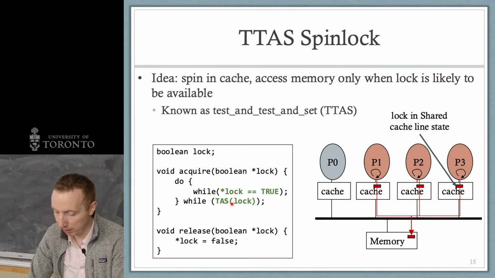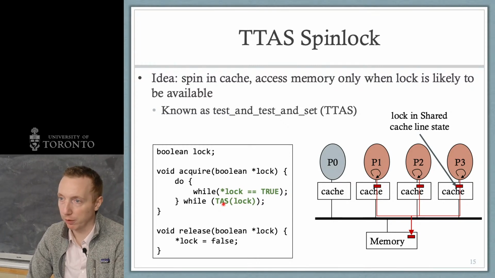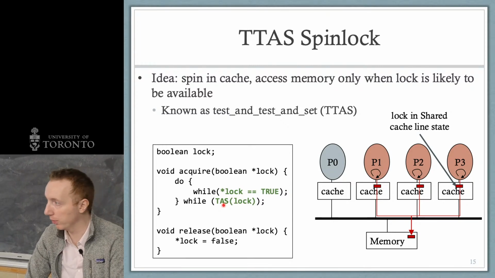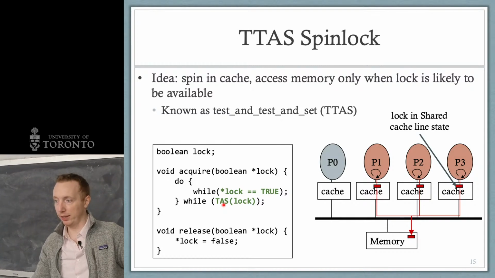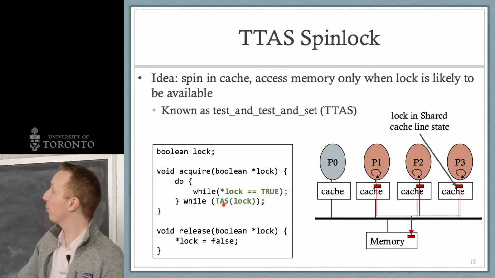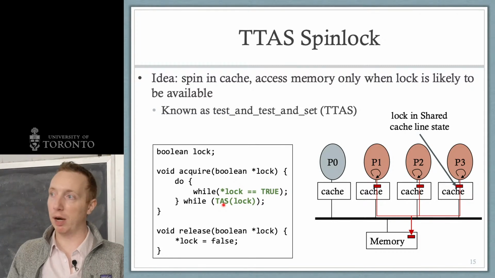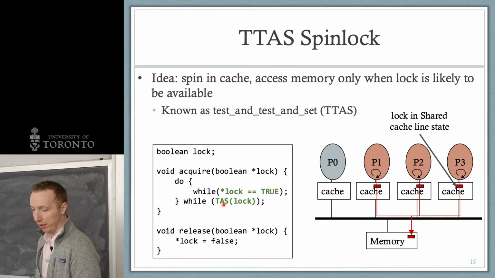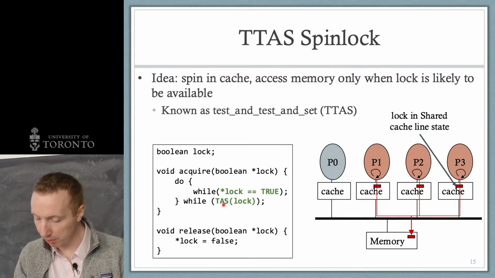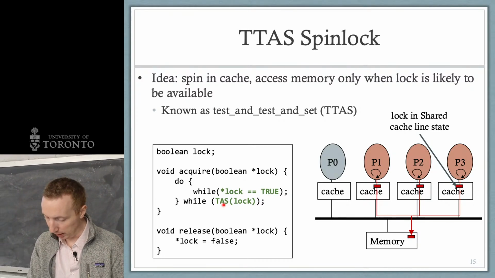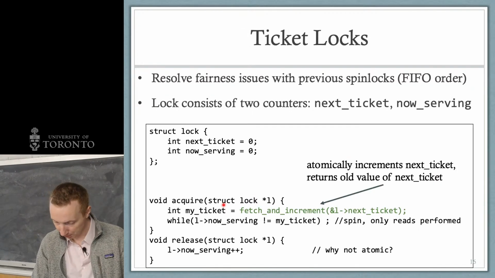Then atomically, they all fight over who can set it from false to true to acquire that lock. But the idea here is we only try to do that test and set operation when it's possible we might have that lock. So we reduce contention a little bit, but we can still do a bit better than this.